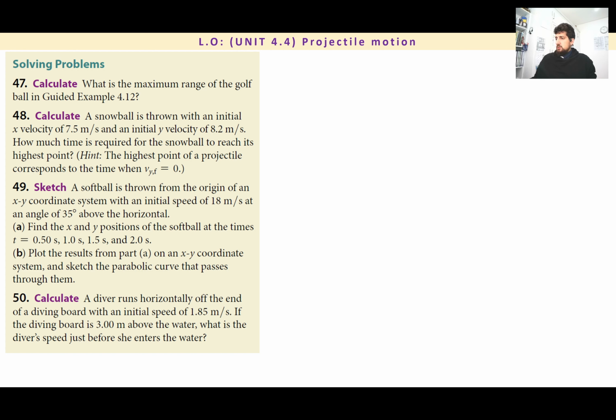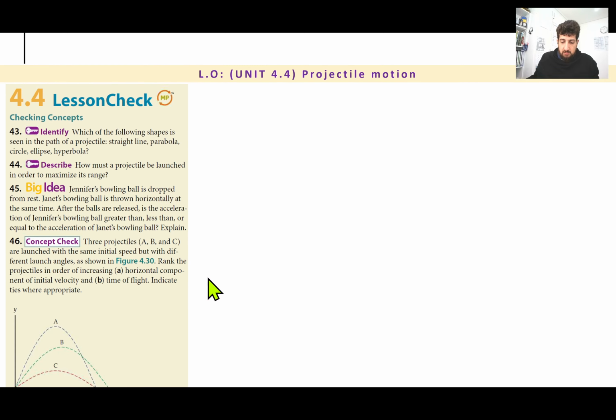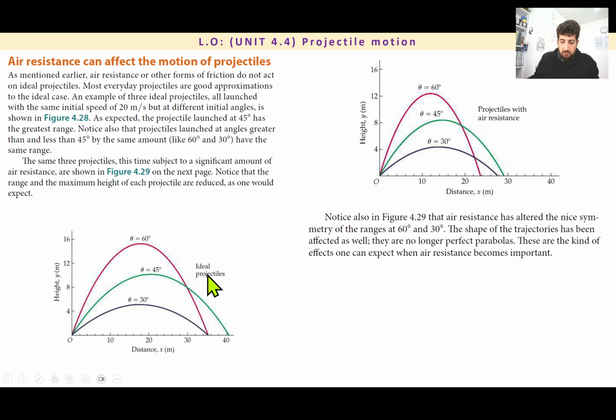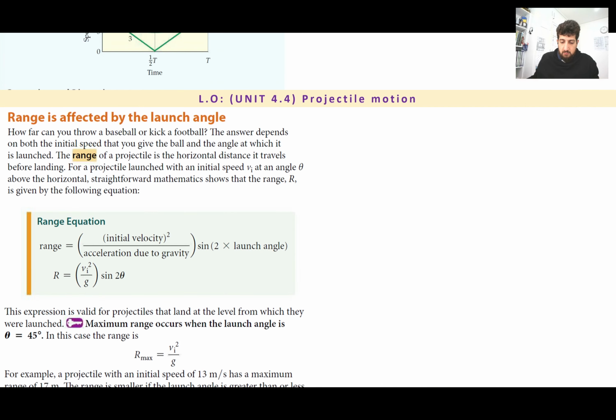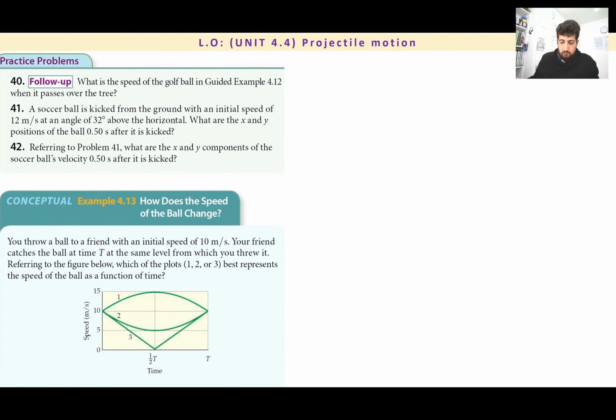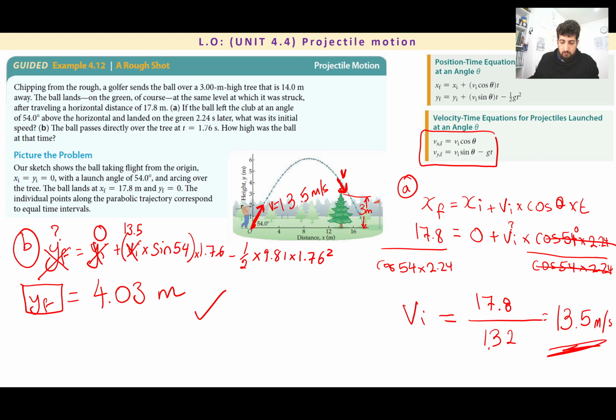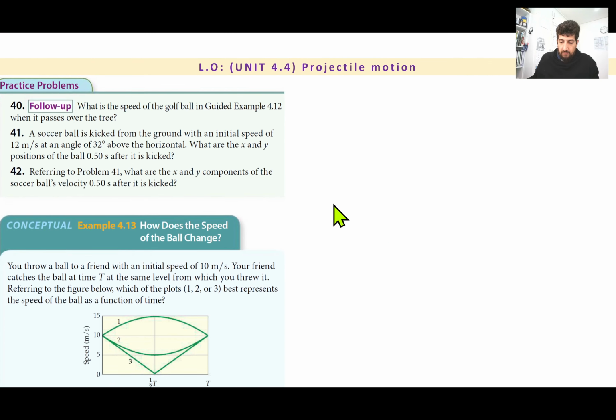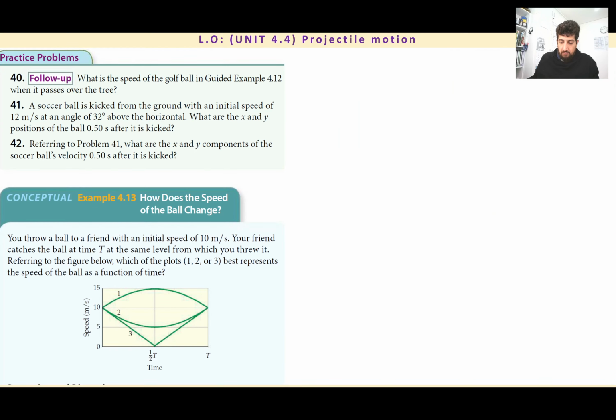Okay, so let's have a look at question 47, the equation. That's the golf question. 13.5 for the initial velocity, and an angle of 54.